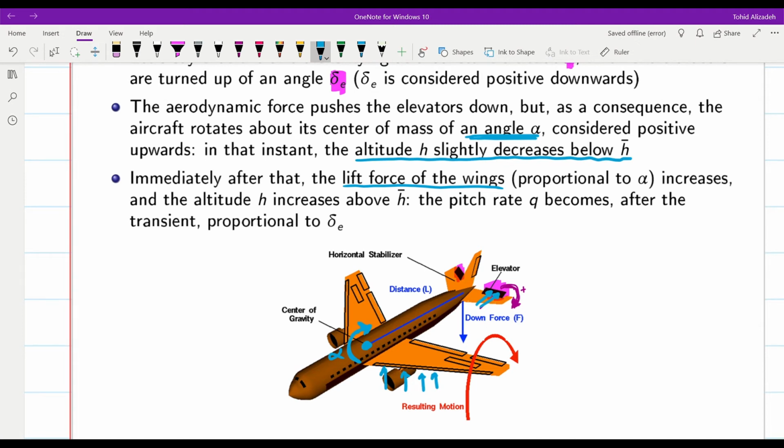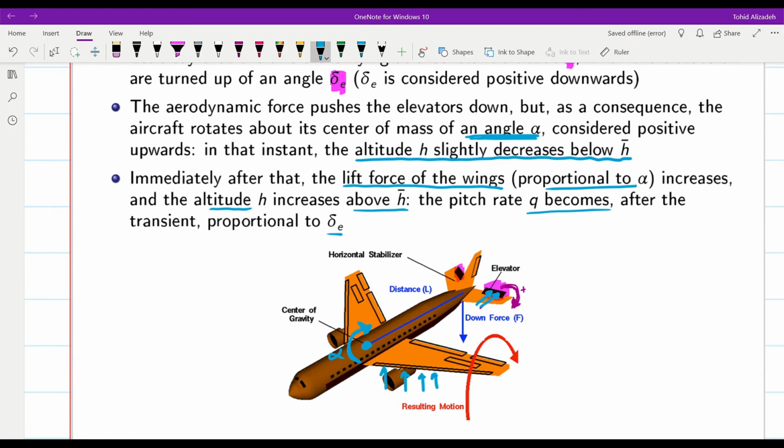The amount of force applied on the wings will increase, proportional to the value of alpha, and as a result the altitude h will increase above h bar. So h initially went below h bar, and then after a while it increases above h bar. The pitch rate q will become proportional to delta E as well.